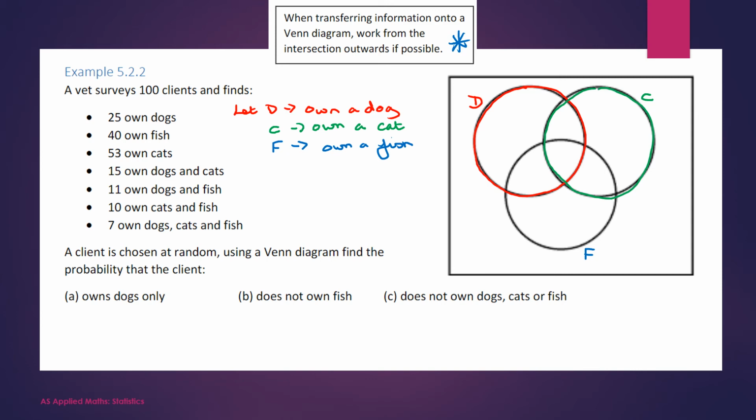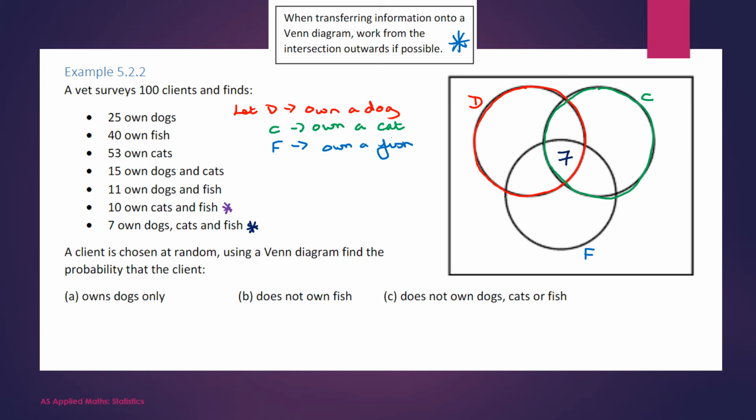What I'm going to start with is this bottom one. So we're starting here, because 7 on dogs, cats and fish. So dogs, cats and fish is this middle section here, and I can put 7 into there. Moving up, so I'm going to work this backwards. So we've got 10 on a cat and a fish.